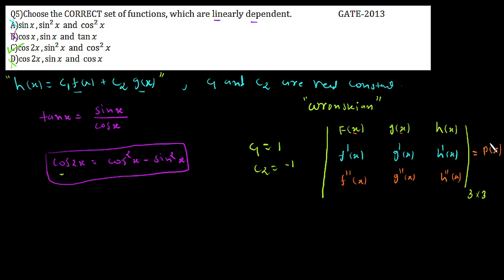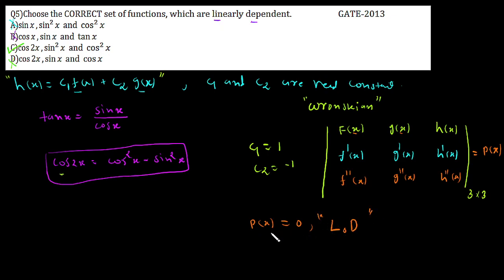Now if, for any particular value of x, or in general, this function p of x is simply 0, then we can say these three functions f of x, g of x and h of x are linearly dependent, LD in short form.